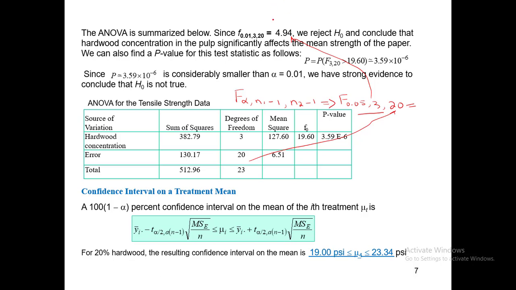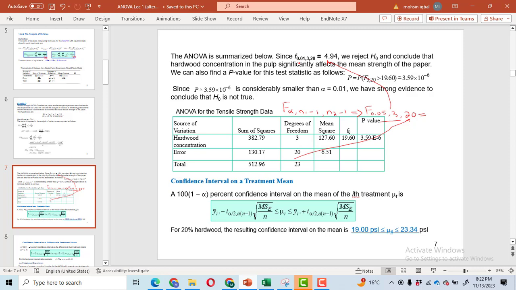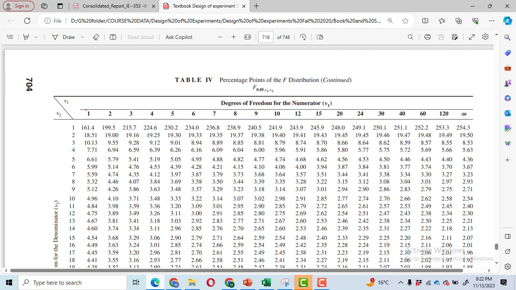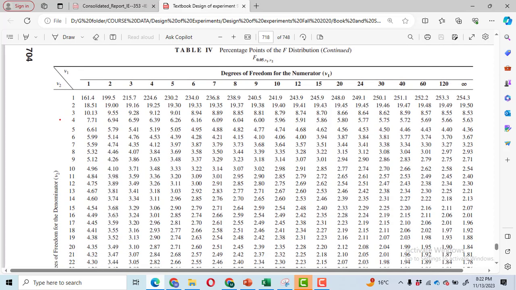Let me tell you how. Here the book, or the notes, had taken 0.01. However, I have written 0.05. So let's go to the table of 0.05 first. We have this F table of 0.05, with v1, the degree of freedom of the numerator, and v2, the degree of freedom of the denominator.